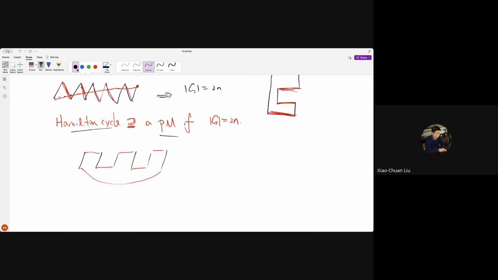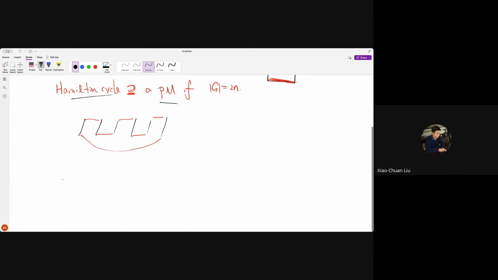So let me come back to the topic of matchings. So in a graph, if you don't have a perfect matching, so let me continue. We will call, in a graph G, probably you don't have a perfect matching, so you will call a maximum matching.